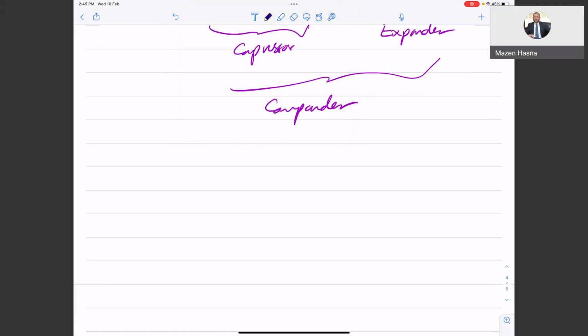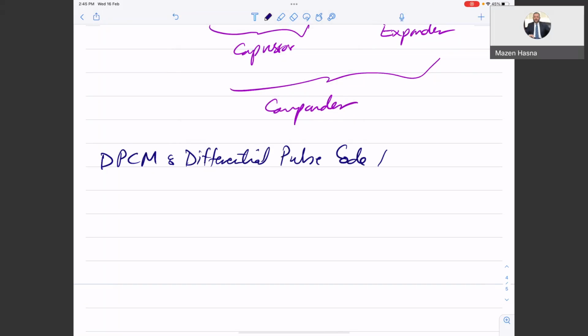Okay. So now a smart person came and said, I have an idea which is called DPCM, which is differential pulse code modulation. Because this guy was thinking, the whole problem is when we have a large range of the signal, right? I have a strong signal and a small signal.